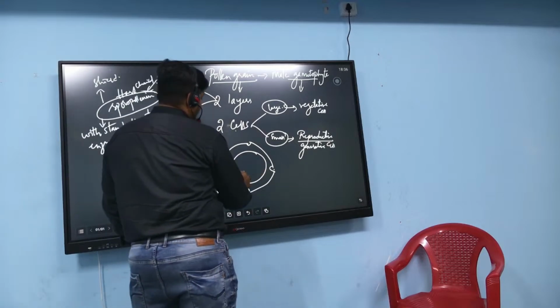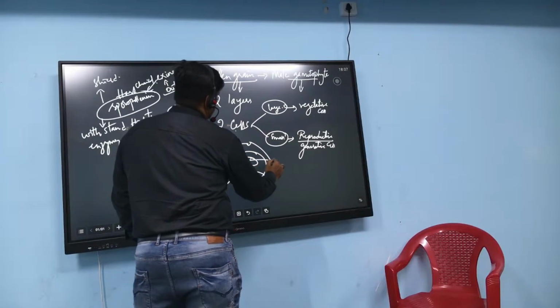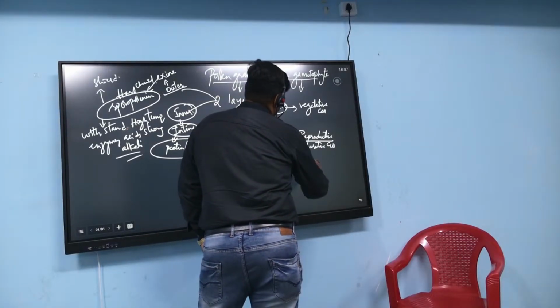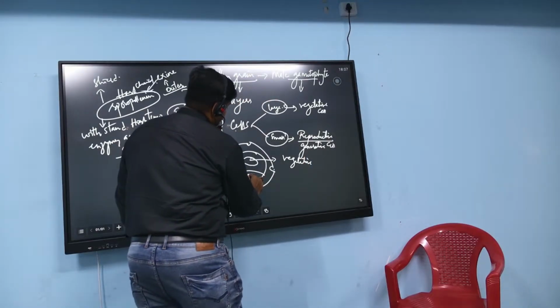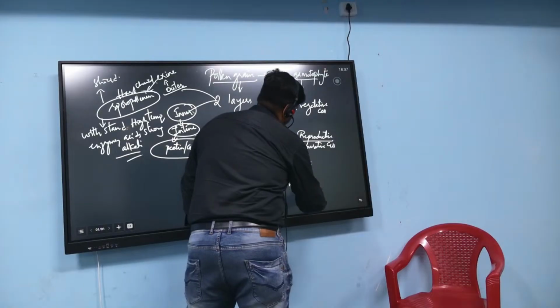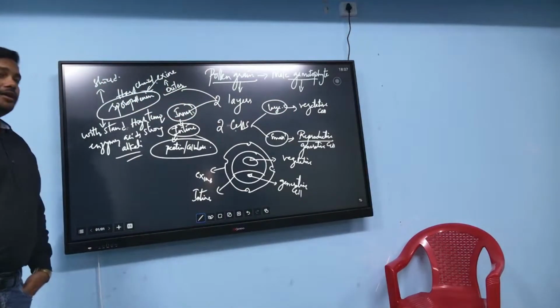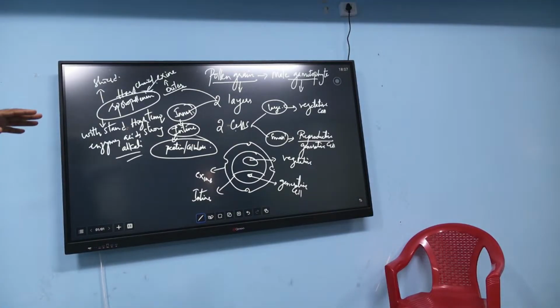Here inside we have a huge cell that is irregular in shape, the vegetative cell, and a small cell that is the generative cell. So here the question arises: what is the function of the vegetative cell and what is the function of the generative cell?